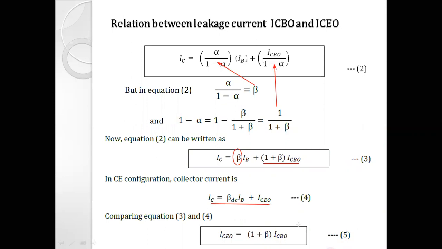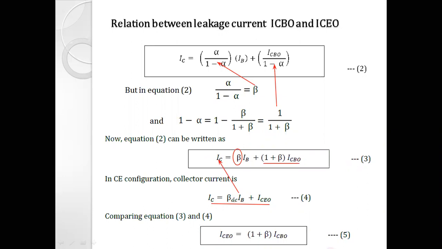So what I'm going to do is compare equation number 3 and equation number 4, right? Both have IC. So when we compare these two equations, we get the relation between ICEO and ICBO. When I substitute equation number 4 into equation number 3, I have to place this beta IB plus ICEO over here.